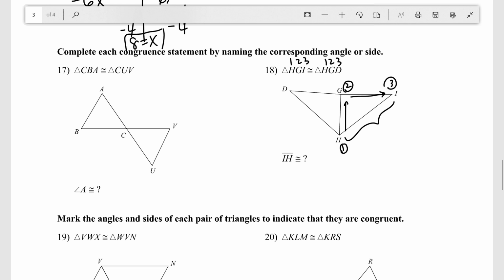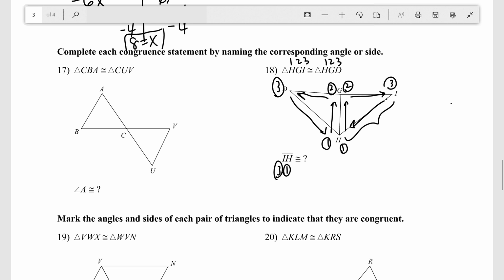This is the pattern of my triangle. On my HGD triangle, H is still 1, going to G as 2, and then going to D as 3, and then finally back to H. Note here that my order for IH is 3 to 1.